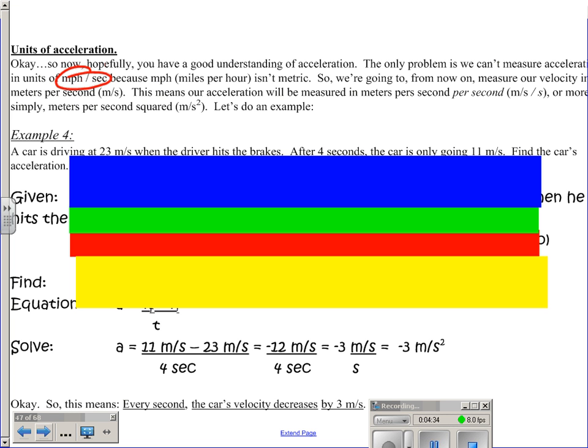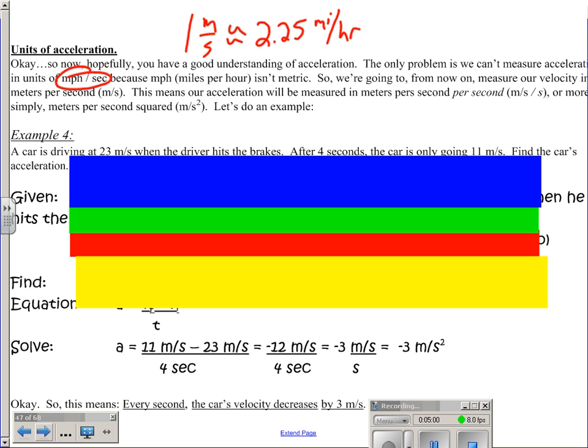So just for your own frame of reference, you should know that 1 meter per second is about the same as 2.25 miles per hour. When I'm doing the calculations in my head, I usually just double it. So if the problem says you're going 30 meters per second, in my head I go, oh, that's a little more than 60 miles an hour. Okay, so we're going to do almost the exact same example.